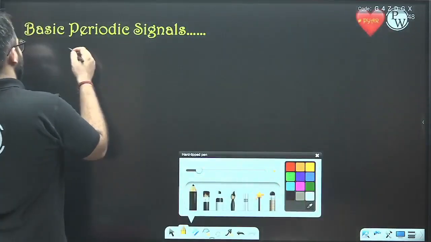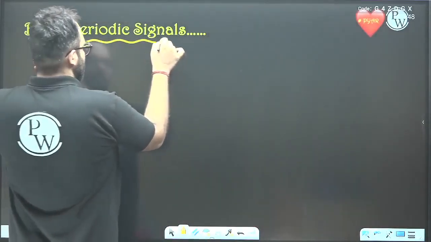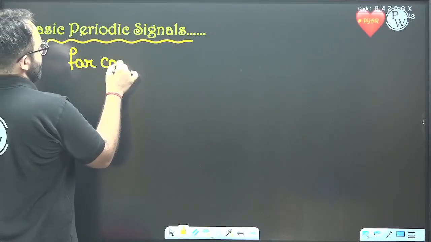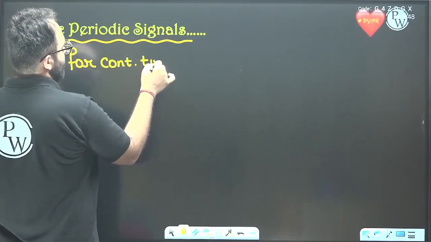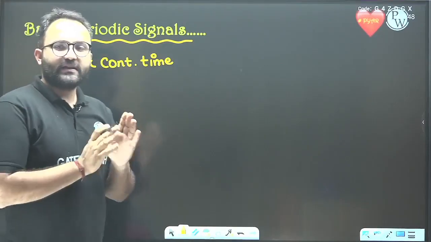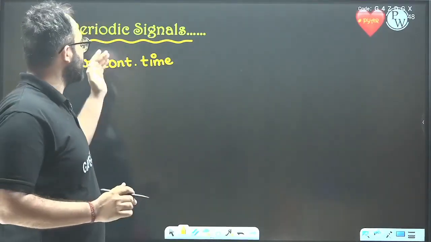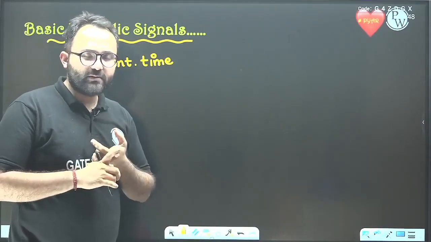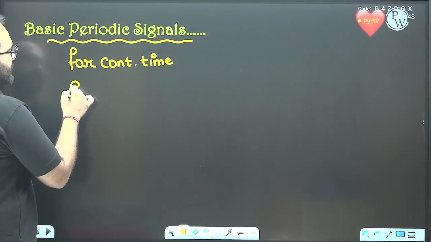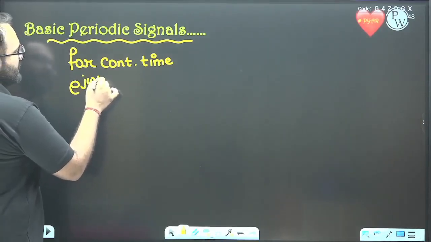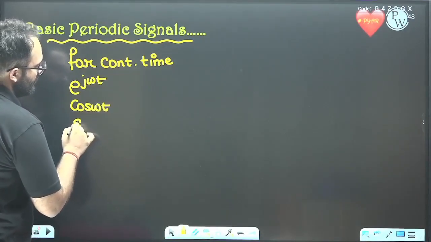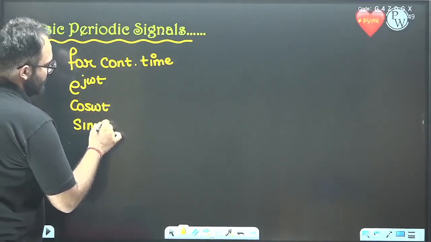So first of all, let's talk about the continuous domain. For continuous time, there are three basic signals: complex exponential, cos and sine. That is, e to power j omega t, cos omega t, and sine omega t.